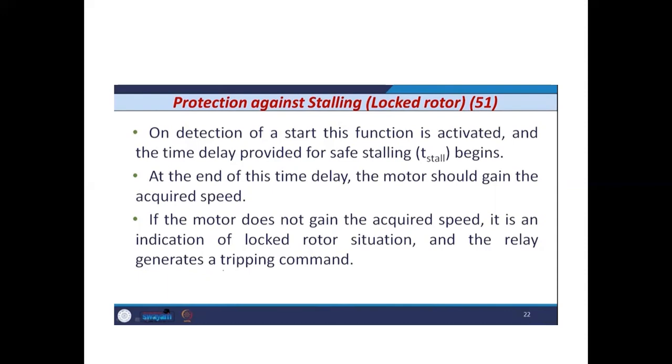If the motor does not gain the required speed, then it is an indication of a locked rotor or stalling condition, and the relay generates a tripping command. If the motor gains sufficient speed during that period, then it is not a locked rotor condition.